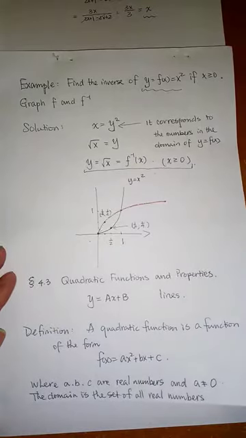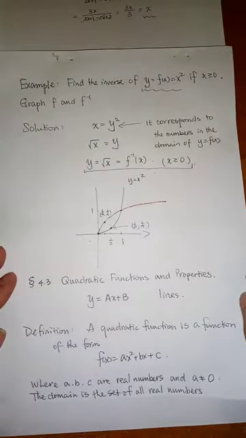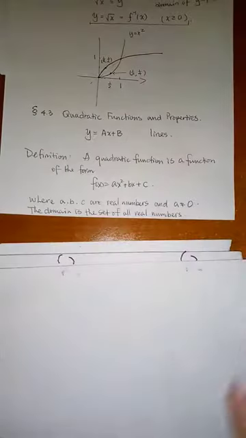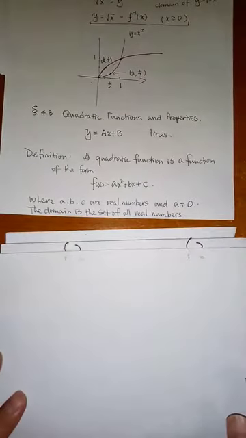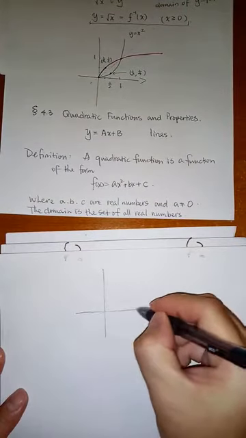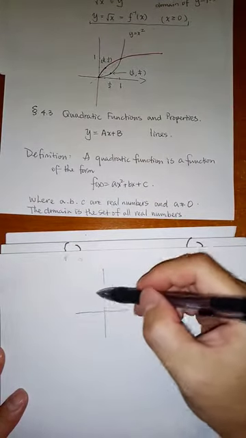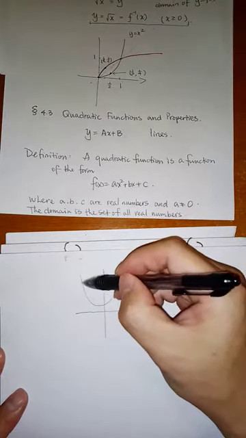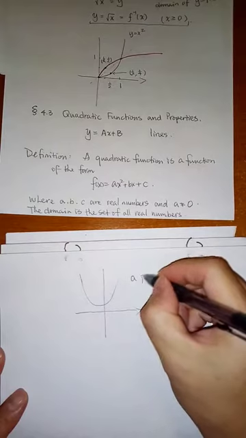Okay, the domain is the set of all real numbers. And a quadratic polynomial or quadratic function will have a graph. We call it a parabola. So the graph possibly looks like this. It's called a parabola.